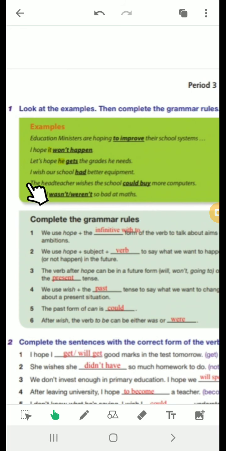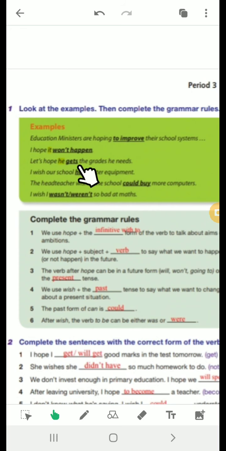Now let's see the 3 sentences here. Examples about wish. I wish our school had better equipment. The head teacher wishes the school could buy more computers. I wish I wasn't or weren't so bad at maths. So here we notice that after wish we use also subject, our school, subject.